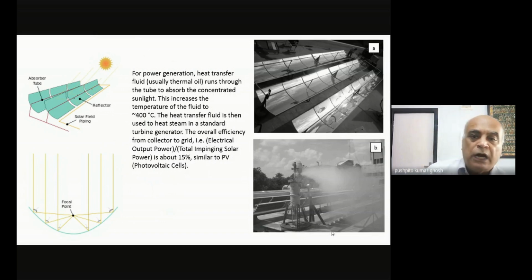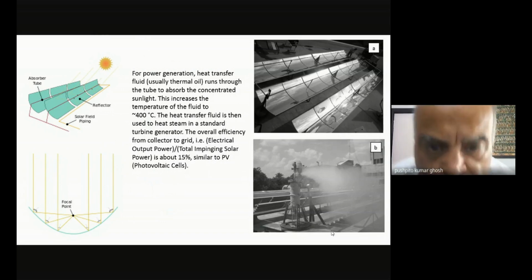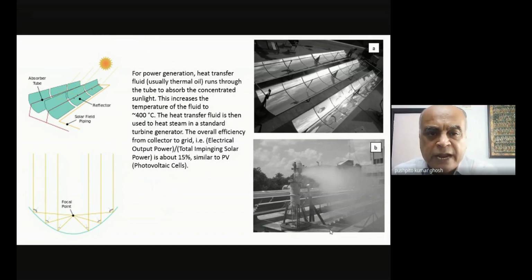Okay. Now, another thing that you need to understand is that, when you are talking about power generation, you will not necessarily use water and generate steam directly. You may actually pass a thermal oil, which let's say is stable up to, let's say, 400 degrees centigrade.